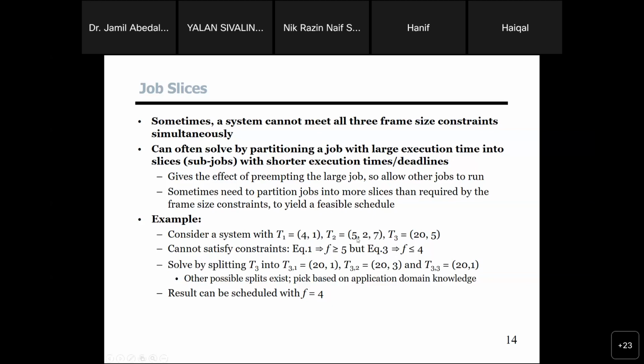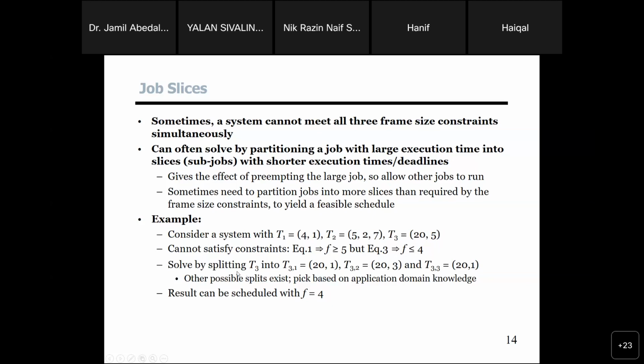So here we cannot satisfy constraint equation 1. Why? Because following the execution times here, 1, 2, 5, the maximum is 5. But following the last execution, the frame size should be less than or equal to 4. We can solve it by splitting task 3, because as you see here, the execution time of task 3 is very large.